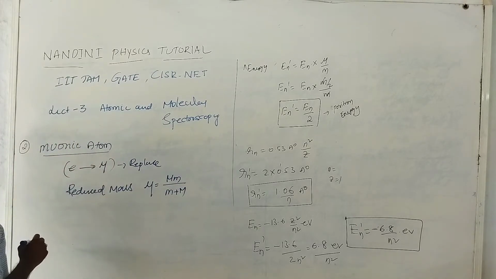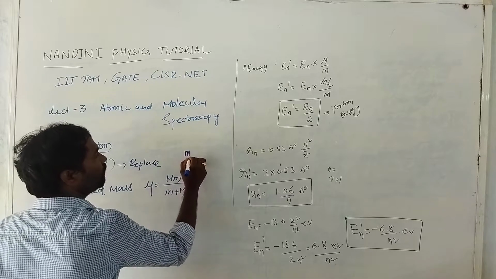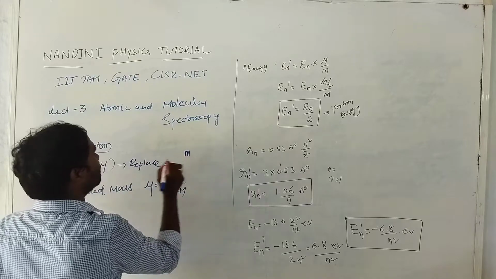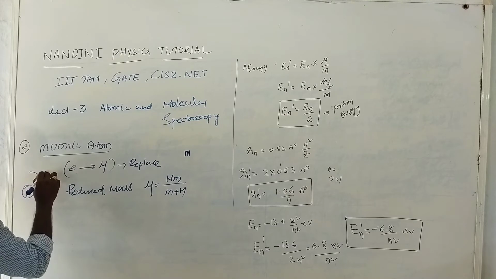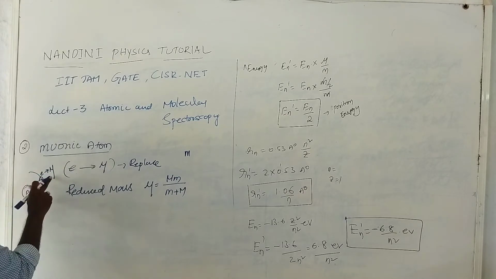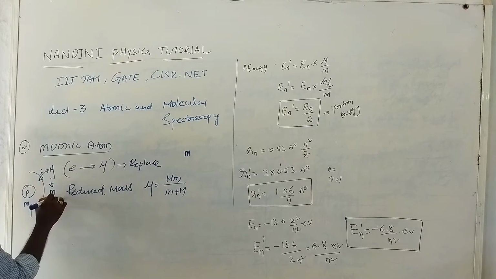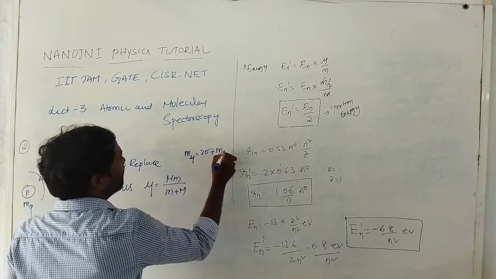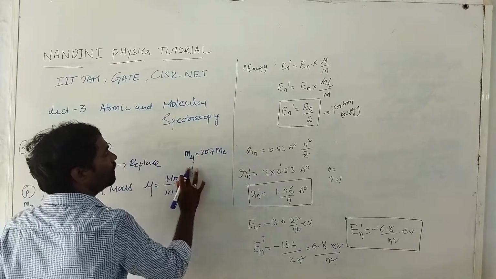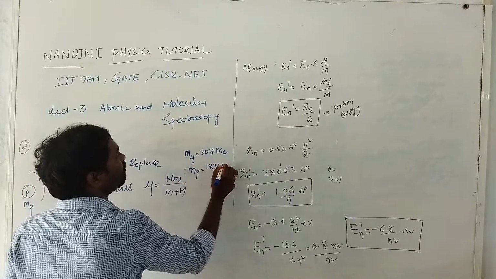Understand? Here I will write the mass of proton, because the proton is there right now. I want to change the electron, which is replaced by the muon. So this is the mass of the proton and this is the mass of the muon. The mass of the muon is 207 times the mass of the electron, and the mass of the proton is equal to 1836 times the mass of the electron.